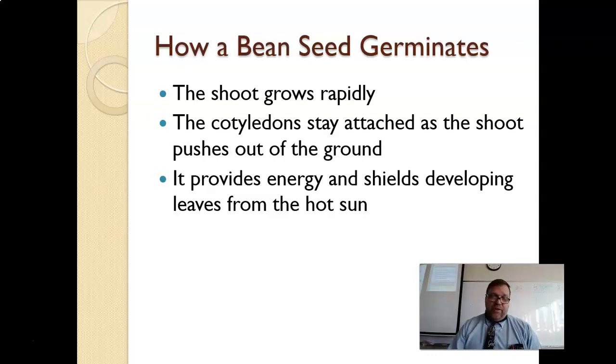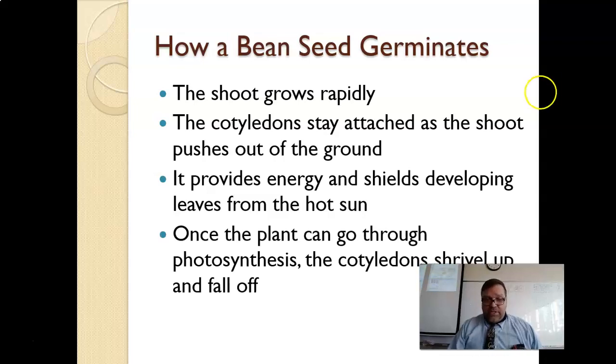So it's very important that they get shielded. Once the plant can go through photosynthesis, that's when they make their own food, then the cotyledon can shrivel up and fall off.